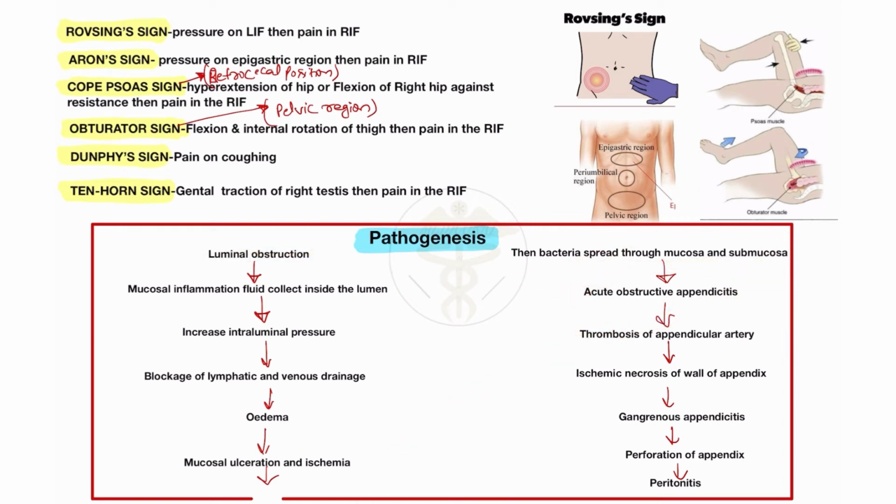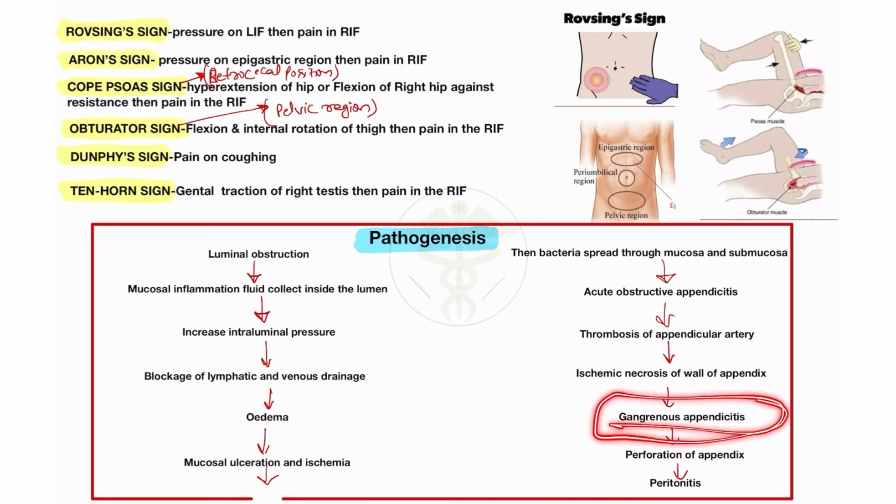And in severe cases of acute appendicitis, thrombosis of the appendicular artery occurs, which causes ischemia and necrosis of the appendix, which causes gangrene. The gangrene also causes ischemia and necrosis of the wall of the appendix.